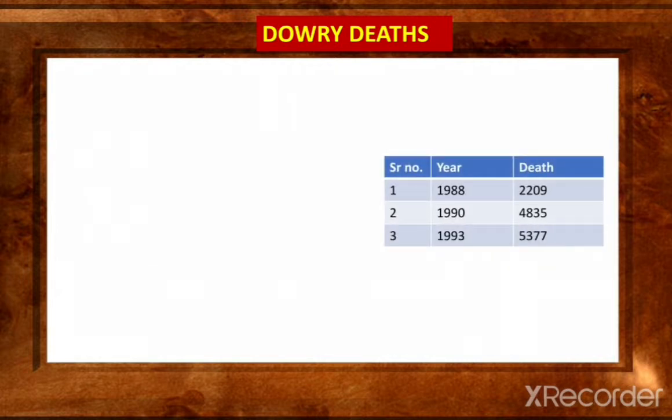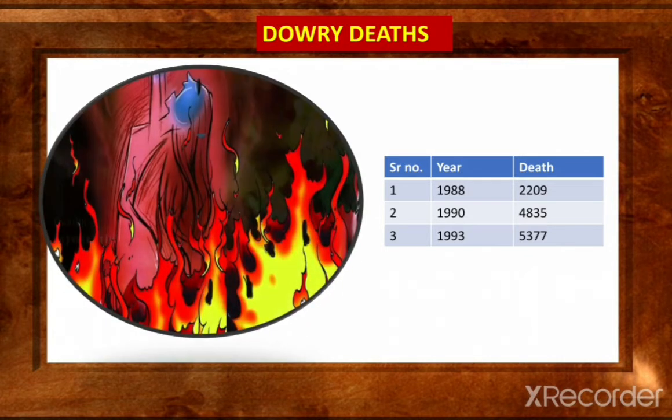Investigations still revealed dowry as the main issue. The role of the police, the administration, and the judiciary were highlighted. This created greater awareness. As a result, the Dowry Prohibition Act came into force in 1984.